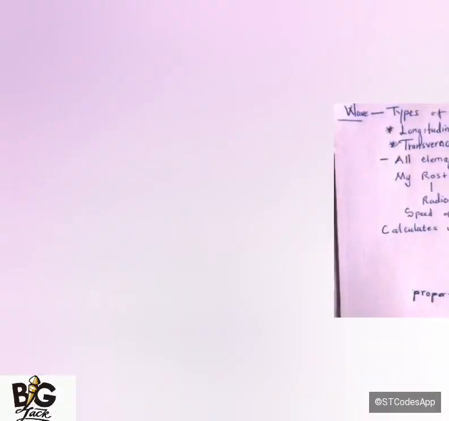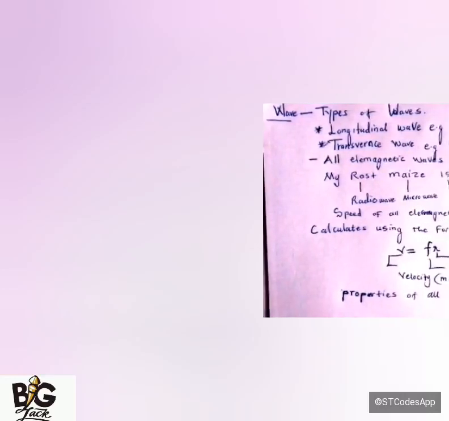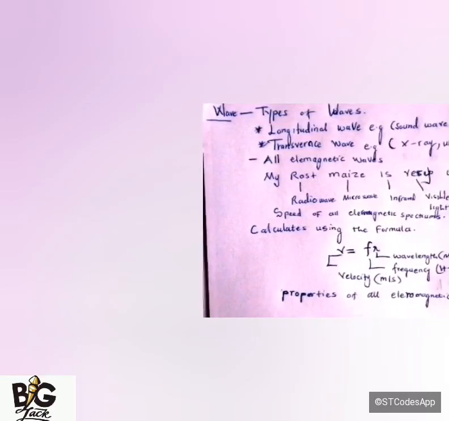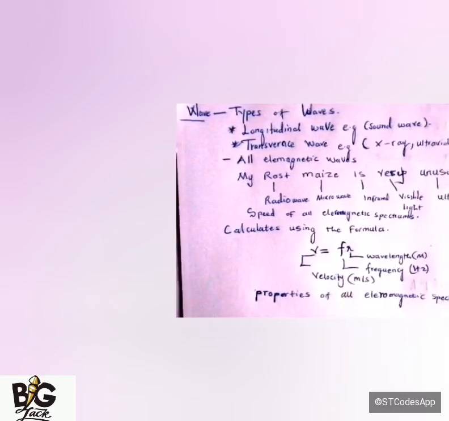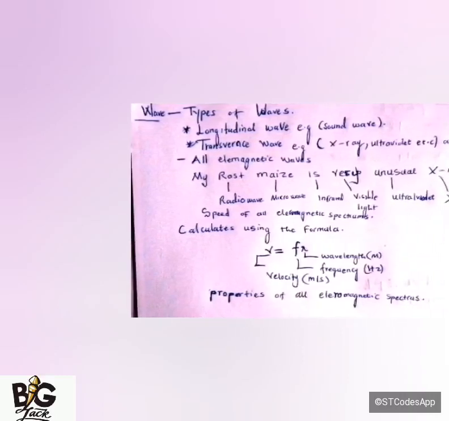Waves. Under waves, you need to know the types of waves. We have 2 types of waves: the longitudinal wave and the transverse wave. An example of a longitudinal wave is a sound wave.